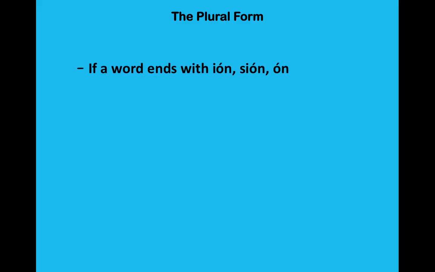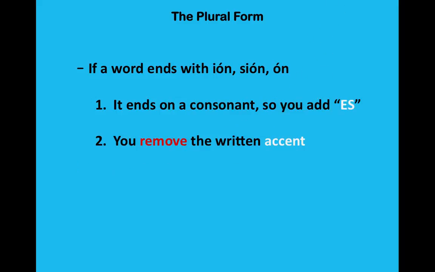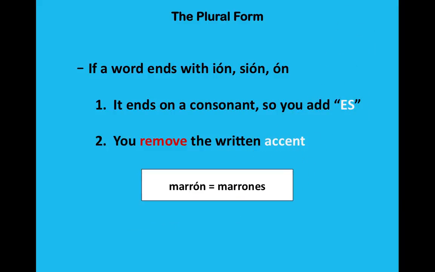Additionally, if the word ends in ION, SION, or ON with the written accent, we would also add the ES because the N is a consonant, but we would remove that written accent. One of those examples is with the color marrón. From marrón, it changes to marrones, but we remove the written accent.